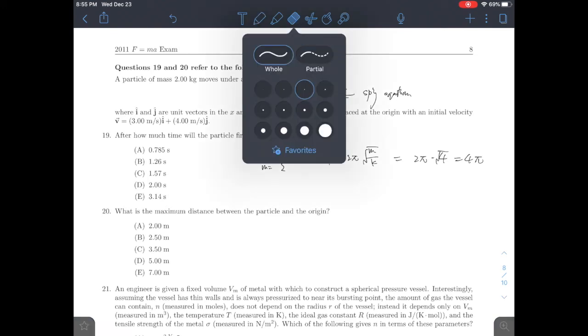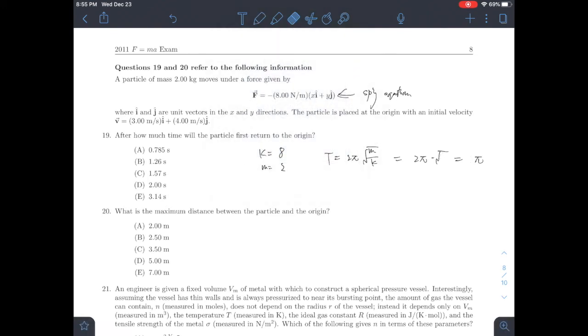So it equals 2 pi times the square root of 1 over 4, which is equal to pi. But here we want to find the time it returns to the origin, which is half of the period. So half of the period is pi over 2, which is approximately 3.14 divided by 2, approximately equal to 1.57, which is C.